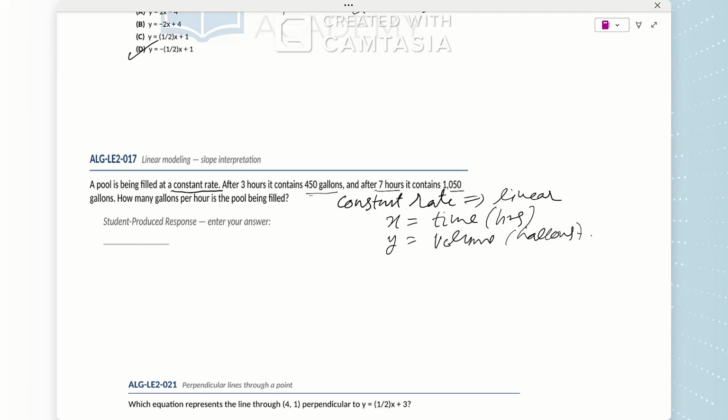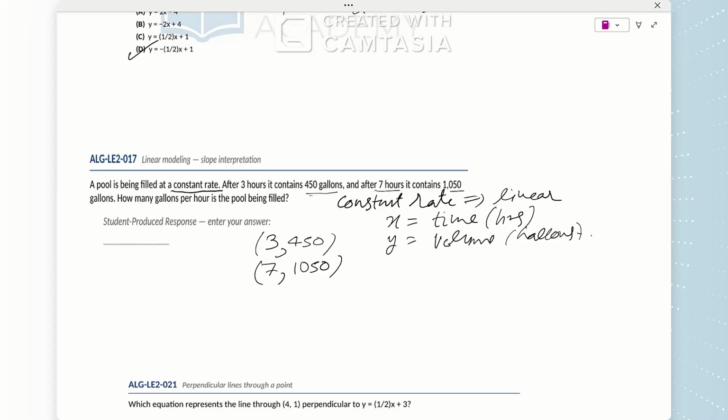So essentially what is given to you are two data points. The first one is at x is equal to 3, y is equal to 450 gallons. Similarly, another point that is given is 7, 1050.